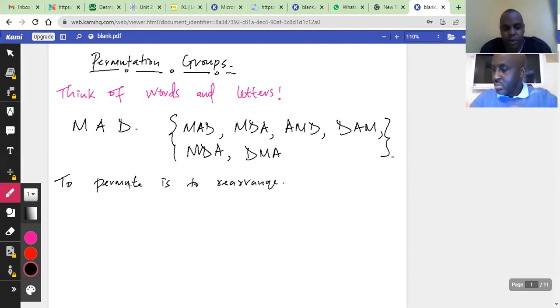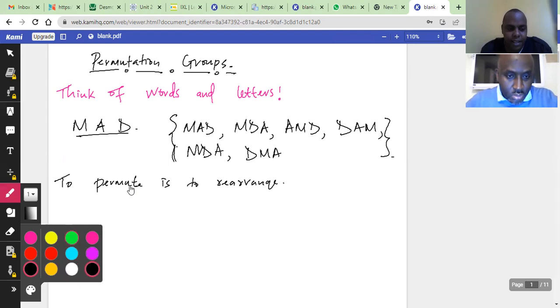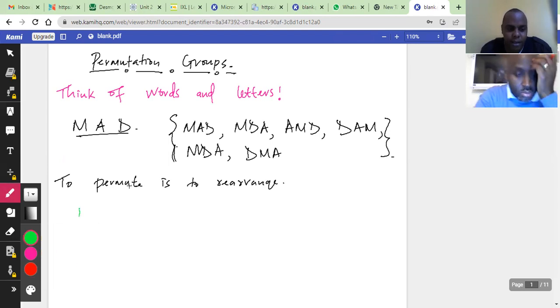When we started out with the letters MAD, we came up with different arrangements of these letters, and we formed a group. So instead of the letters MAD and the words, if we translate these to numbers, let's say you have the numbers 1, 2, 3. You could decide to do nothing and form 1, 2, 3.